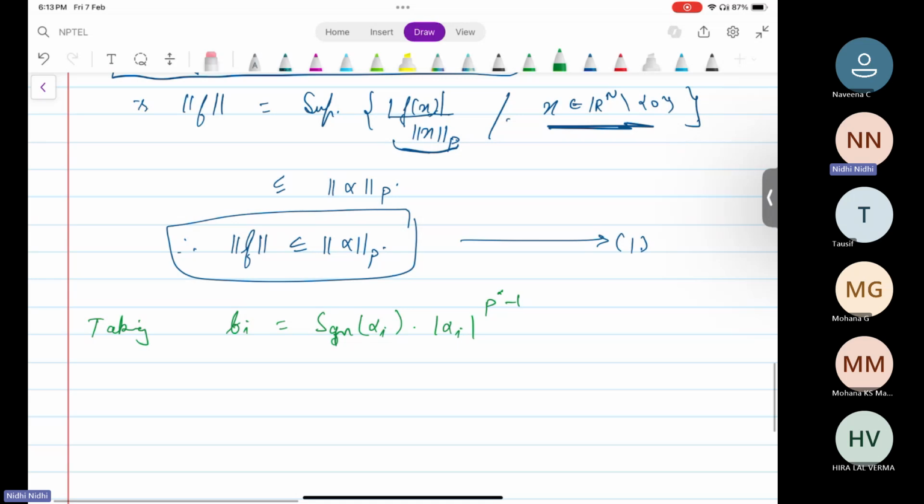So basically I'm taking a vector b whose ith component is of this form. So let's see what modulus f(x) by norm x looks like for x equal to b.